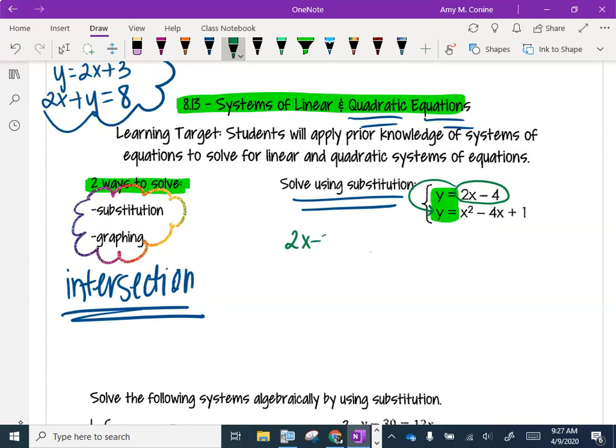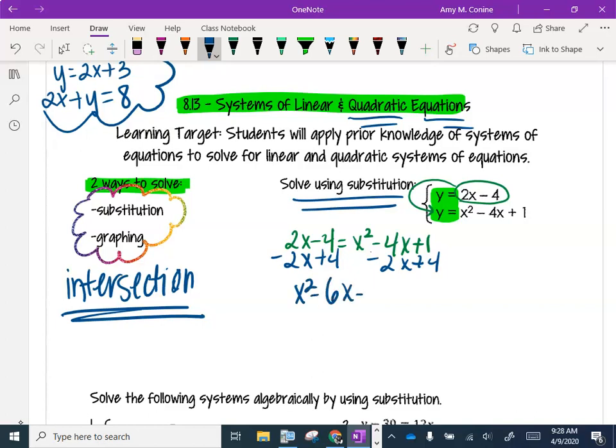So 2x minus 4 equals x squared minus 4x plus 1. And then we're going to move everything over and try to solve. So we're going to subtract and add. So now we have x squared minus 6x plus 5, and this whole thing equals 0.